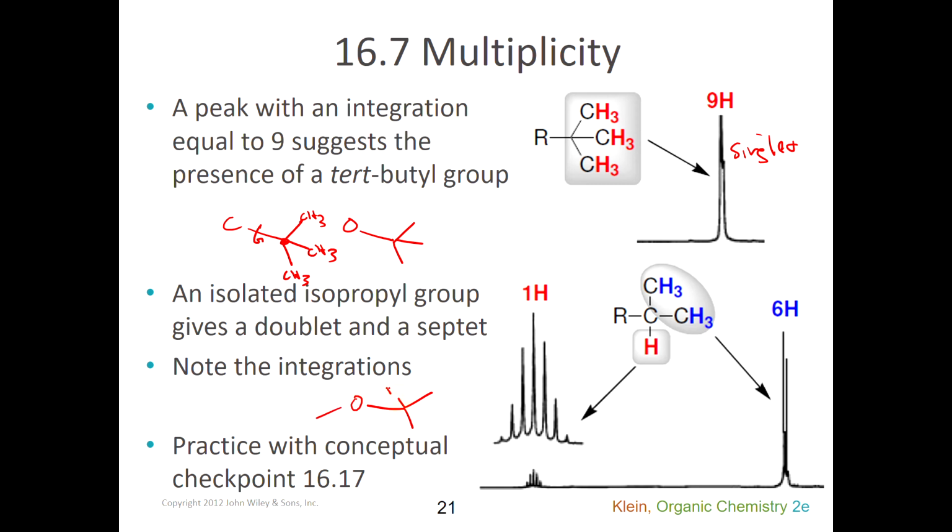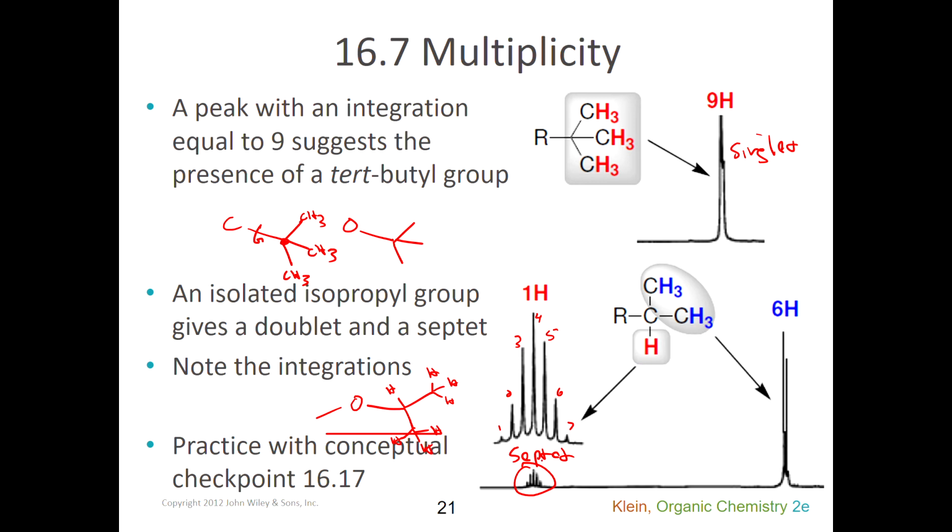That would mean that this hydrogen isn't split by anything over on this side, obviously, but it would be split by 1, 2, 3, 4, 5, 6 equivalent neighboring hydrogens, and so 6 plus 1 is 7, and so that's why I see a 1, 2, 3, 4, 5, 6, 7 pattern signal called a septet right here, and that would integrate to 1 because it represents a signal from 1 hydrogen.